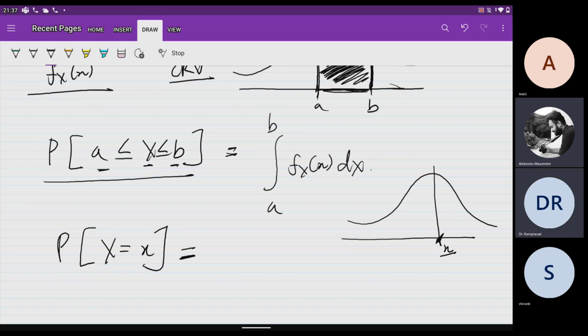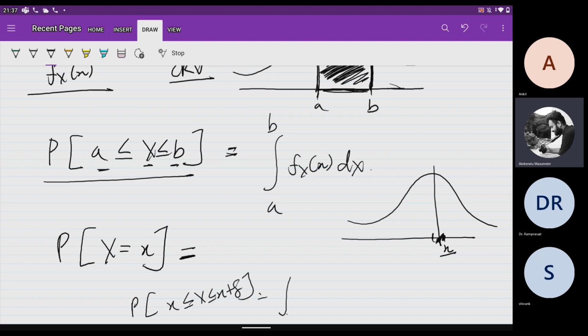You have to take the probability within a small delta around that point. Yes, a small delta means we are again talking about an interval, so this is nothing but integration. But I am asking, at a single point, what can be the probability?